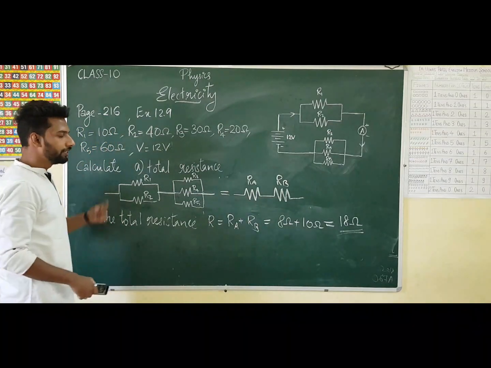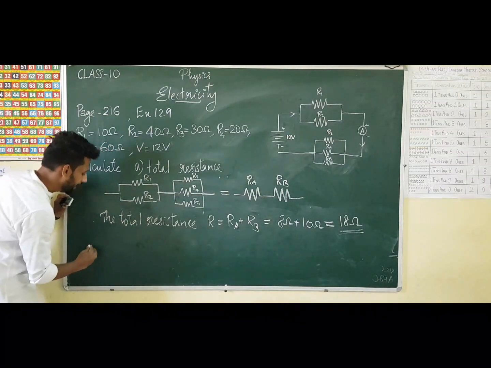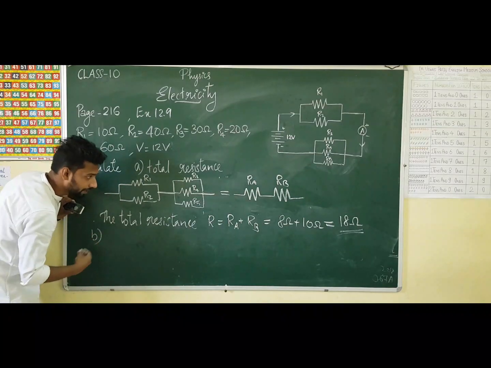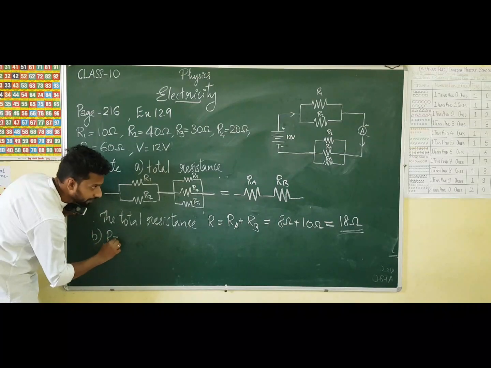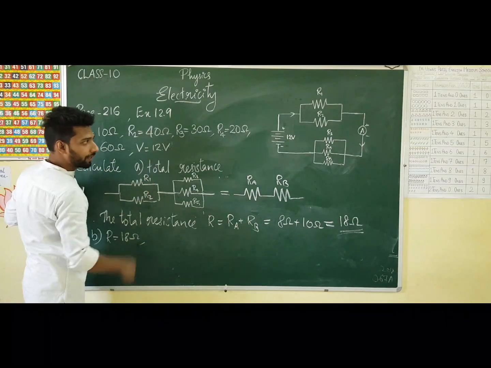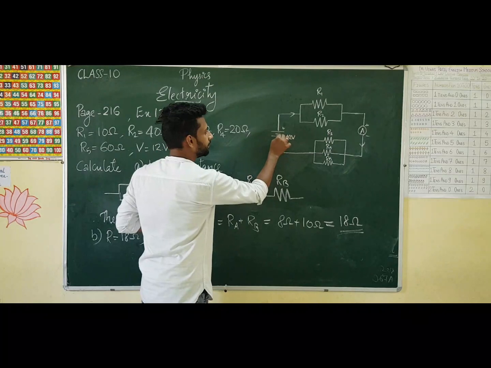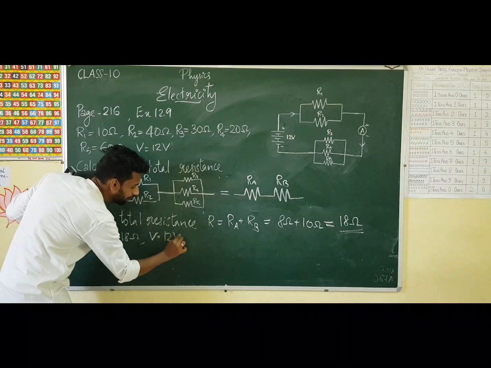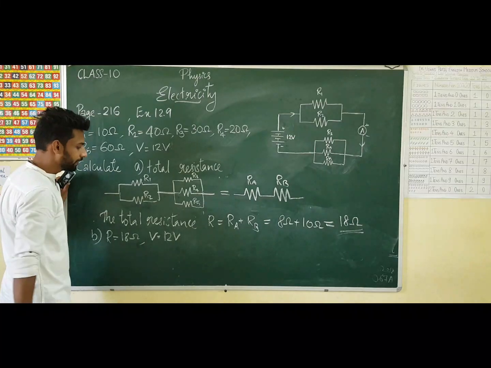Now there is one more problem, the second one. We have to calculate the total current. The total resistance we got as 18 ohm and the total potential difference is given, that is 12 volt.